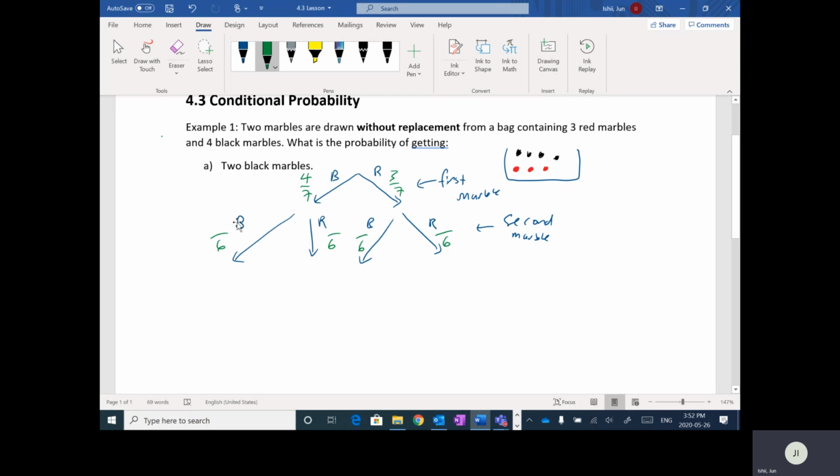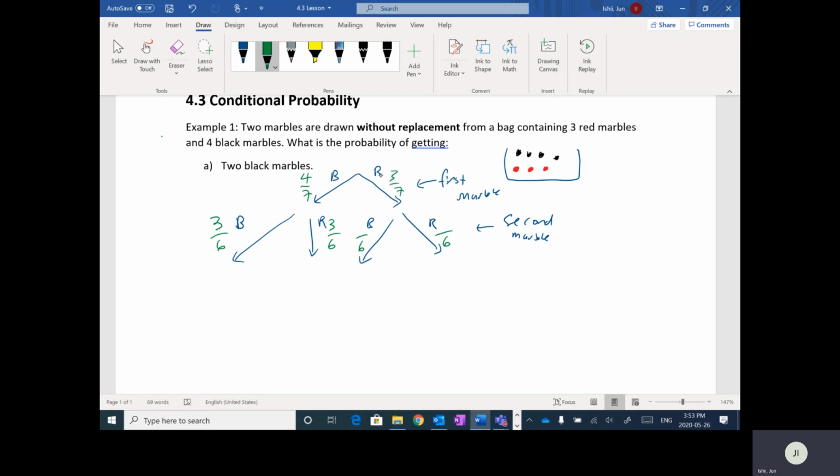So to get another black marble, if I drew a black marble out first, there's only 3 left. So this would be 3 out of 6. And if I pull a black marble out first, but then I pull a red one, all 3 red marbles are still in the bag, so this would be 3 out of 6.